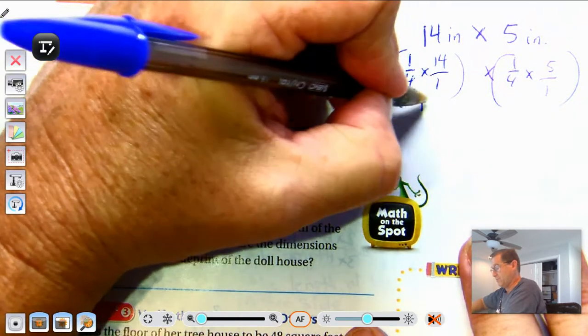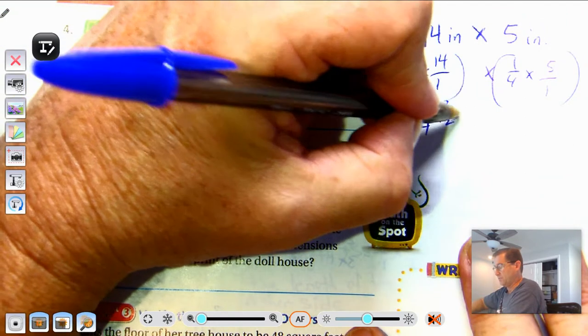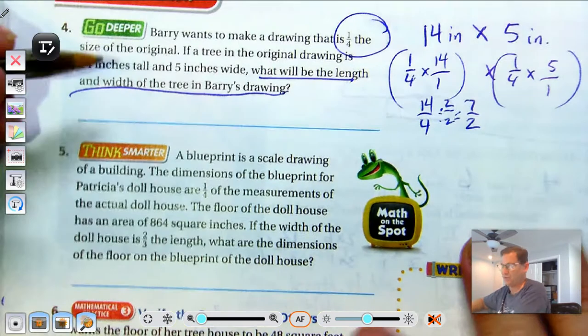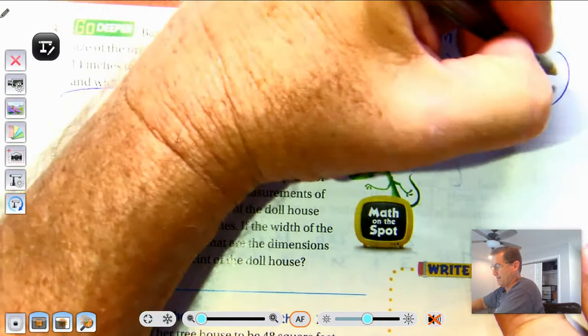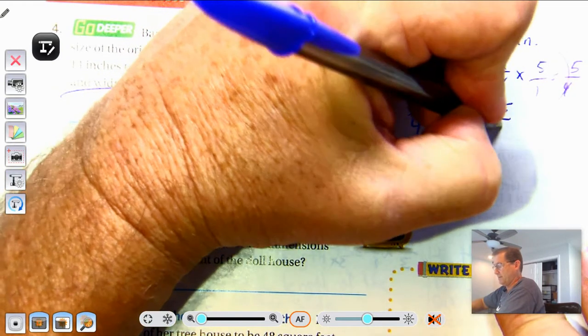So 14 times 1 is 14 over 4. We can reduce that by a factor of 2. So 7/2. So 7/2 by 5 times 1 is 5 over 4.